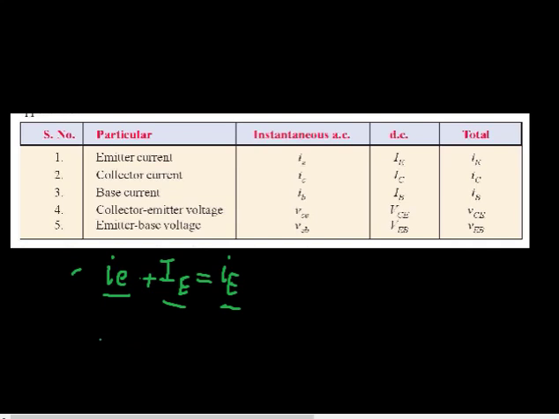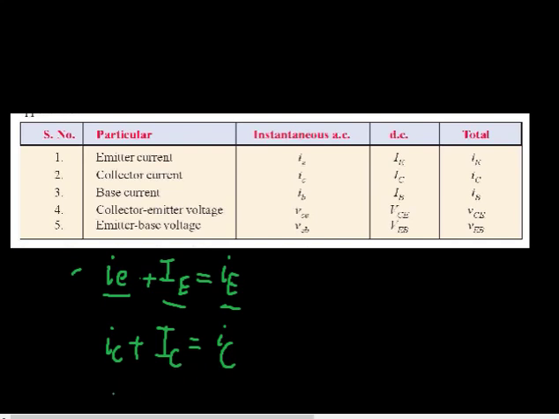Similarly, the collector current due to the signal alone is represented by small ic, the zero signal collector current, that is the collector current from the contribution of the bias voltage, is represented by capital IC, and the total collector current is represented by the small i with a capital C as the subscript.